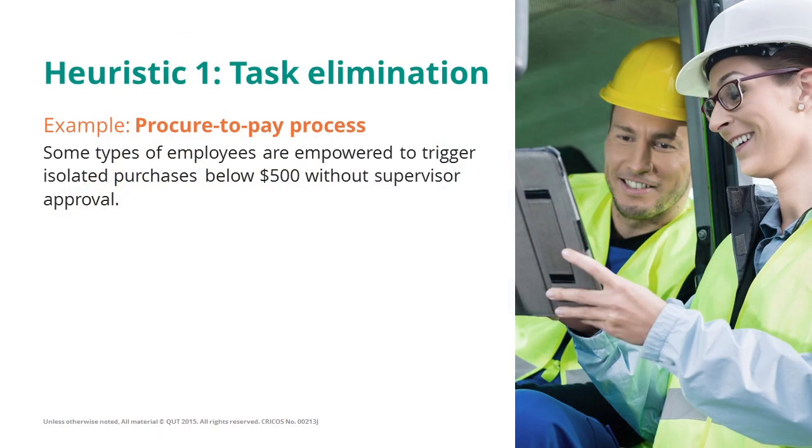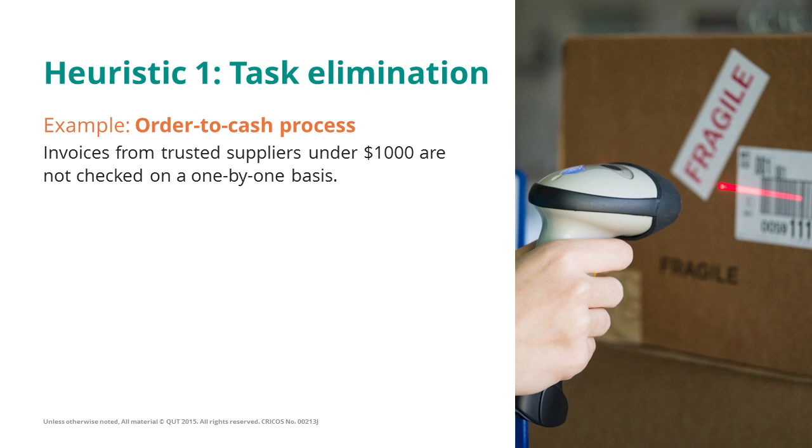Examples of task elimination in a procure-to-pay process are, for example, the fact that we might empower employees to trigger isolated one-off purchase orders for certain items if they are below a certain amount without supervisor approval. Another example, this time in the context of an order-to-cash process, is to have a list of trusted suppliers.